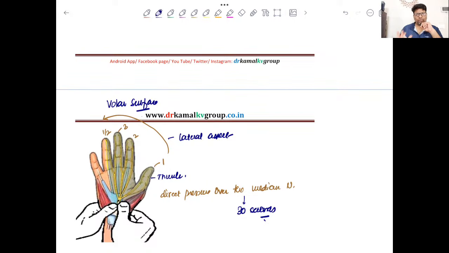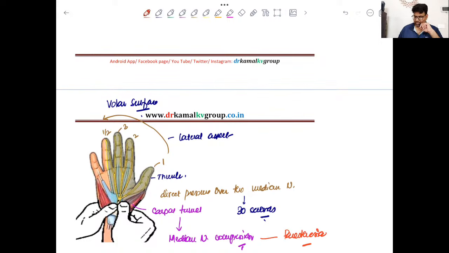So 3.5 volar surface is all territory of median nerve, and whenever there is compression of median nerve, usually in the carpal tunnel, okay, in the carpal tunnel, so median nerve compression, right, and that results in aggravation of numbness, tingling, burning sensation or pricking sensation. So that we call paresthesia, right? So classical carpal tunnel syndrome, and I think there should be no confusion in this particular question whatsoever.